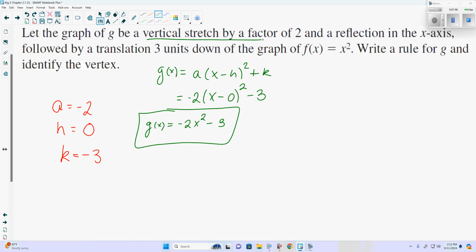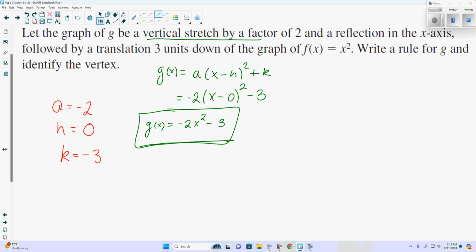Same with horizontal. If we have a horizontal stretch or shrink, it has to be applied after the movement left or right, and the reflection across the x-axis has to be applied after. They have to be applied in a specific order for this to work, where we can just plug those values in. Because if it did it in a different order, we would get a different equation.